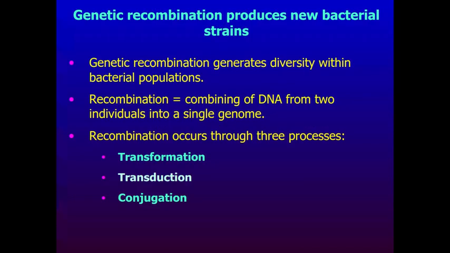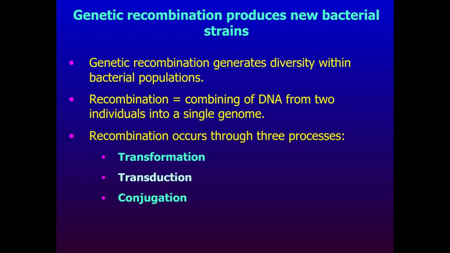Okay, so mutation is, like I said, the mother of all new alleles, and both prokaryotes and eukaryotes undergo mutation. However, prokaryotes can also undergo three means by which they can increase genetic diversity.